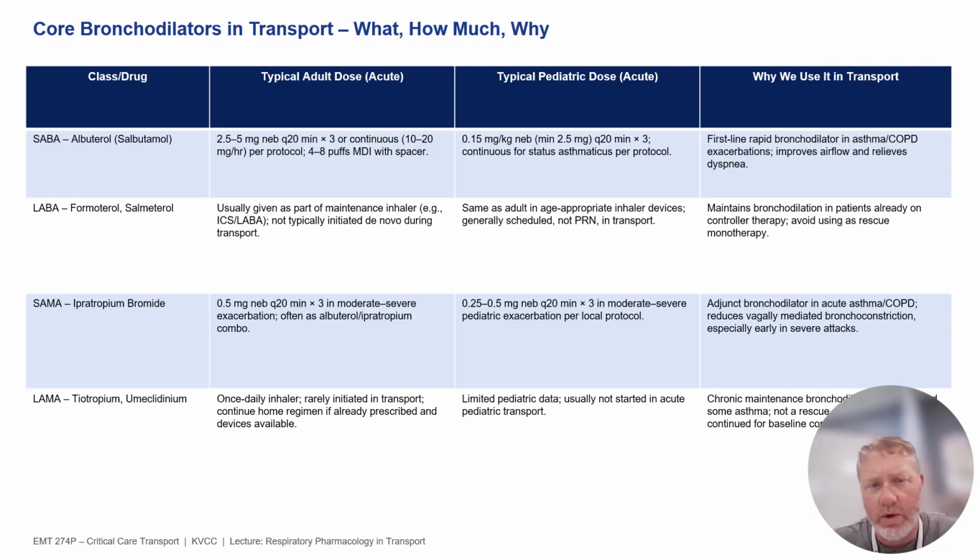So let's start with the backbone of acute respiratory pharmacology, and that is bronchodilators. Bronchodilators are divided into two different types: short acting and long acting for both beta agonists and anticholinergics.